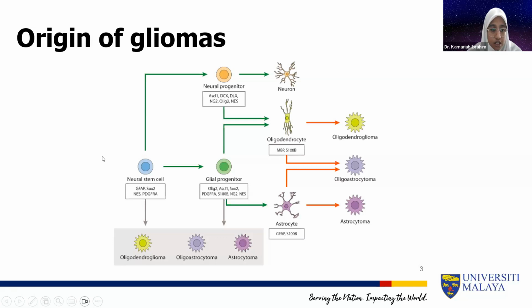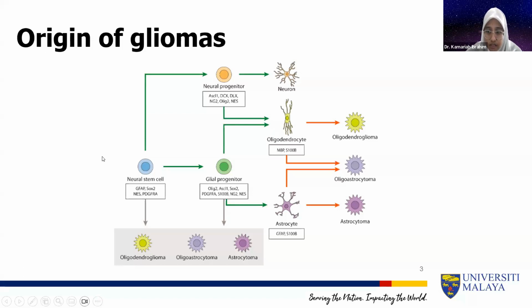In normal conditions, these neural stem cells become neural progenitors and differentiate into neurons, whereas some of them become glial progenitors and become oligodendrocytes or astrocytes. The protein markers for neural stem cells, progenitor cells and differentiated cells are indicated, and the normal differentiation process, in the green arrows, originates three main types of cells in the mature central nervous system: neurons and glial cells, particularly oligodendrocytes, astrocytes, as I mentioned, and ependymal cells, which are not represented here.